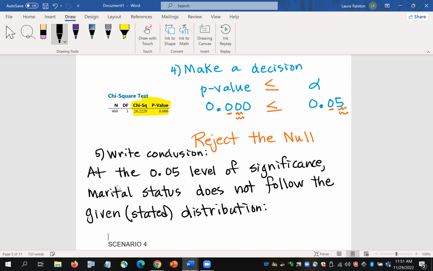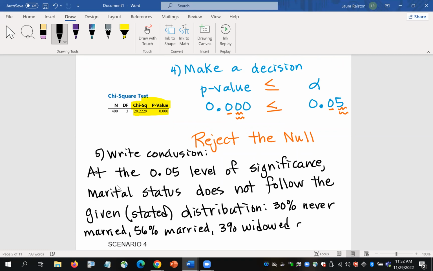You know, we could say, what was it? 30% never married, 50% married, 3% widowed, and 11% divorced.